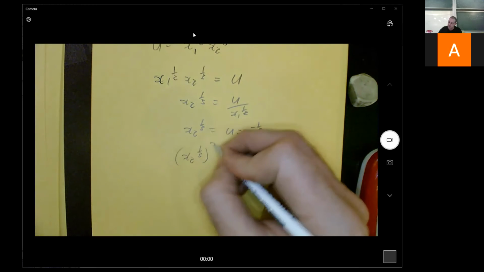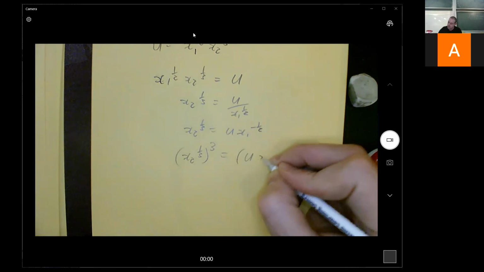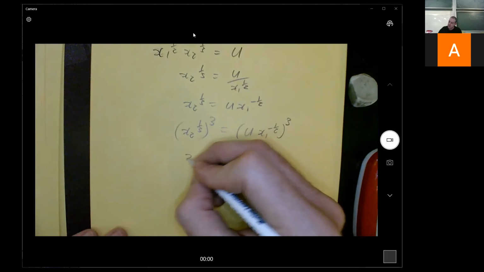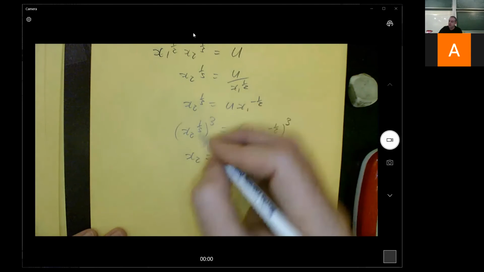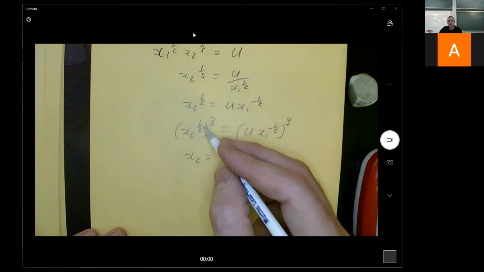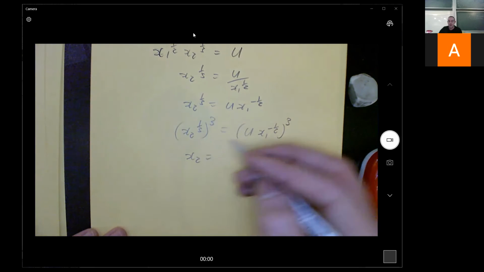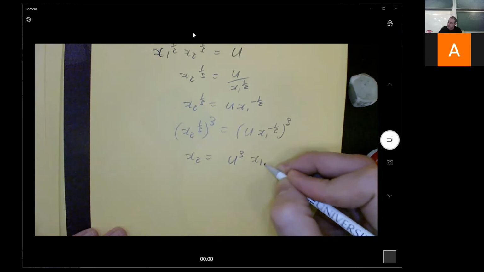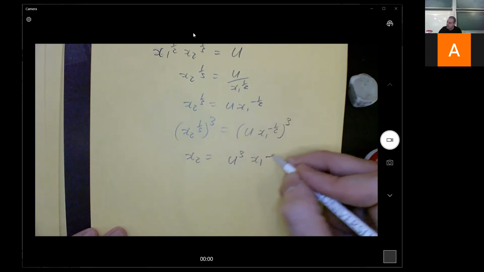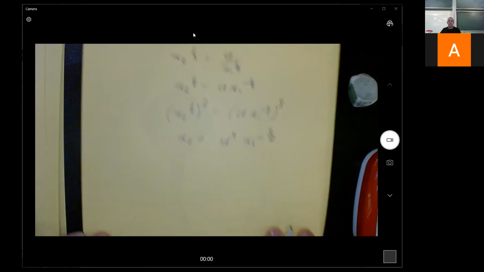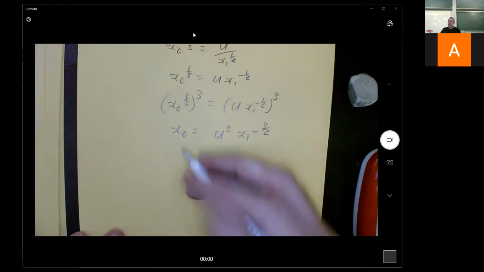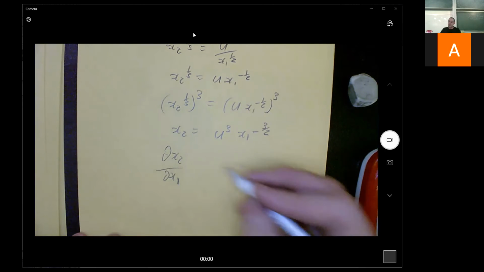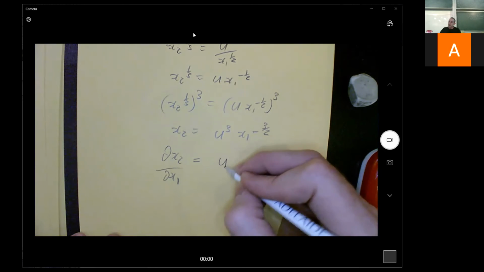So if I'm going to be really explicit about it, this is what I'll do. And so x2, because when you do powers of powers, you multiply the exponents. So 1/3 times 3 is 1. And this will be u cubed x1 to minus a half times 3, which is minus 3 over 2. And so now at this point, if I do dx2 on dx1, the u cubed counts as a constant.